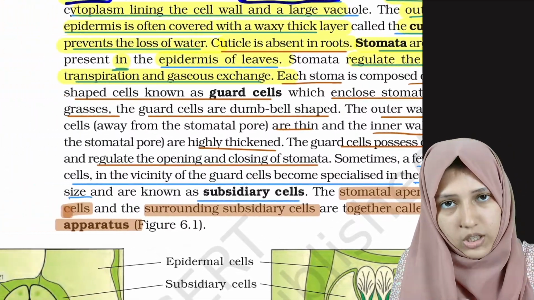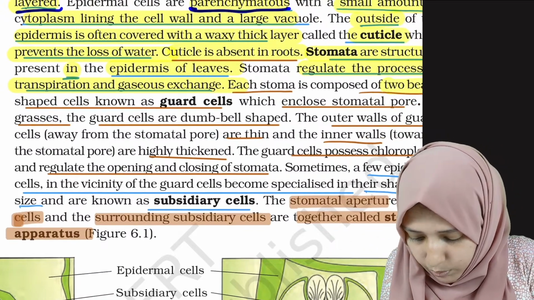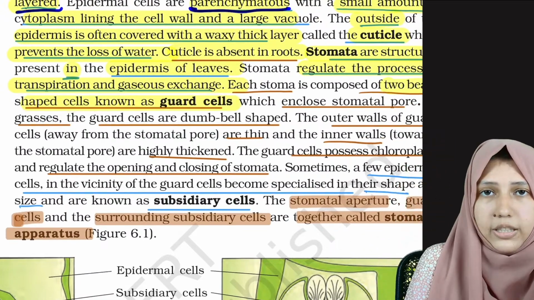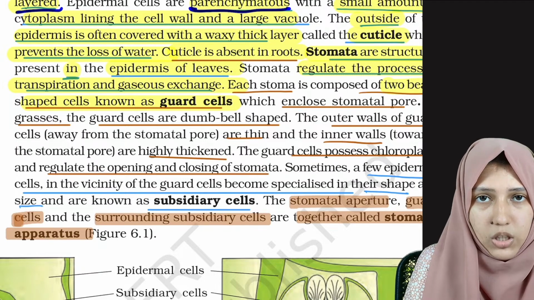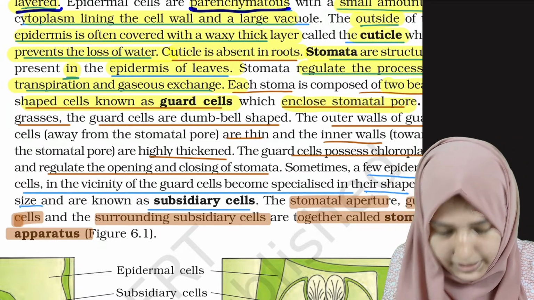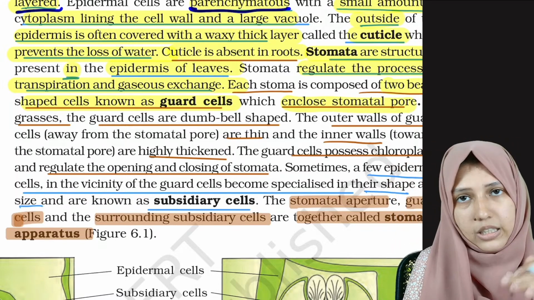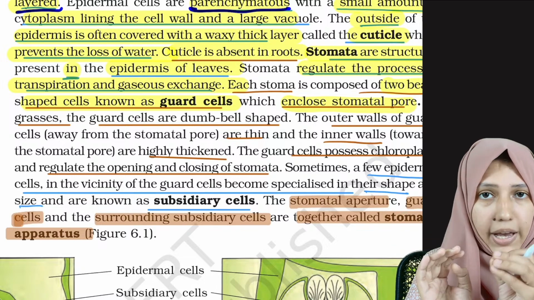Now this structure, known as stomata, is composed of two bean-shaped cells known as guard cells, which enclose the stomatal pore.